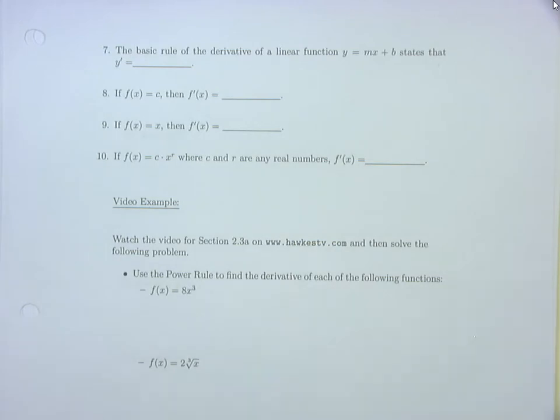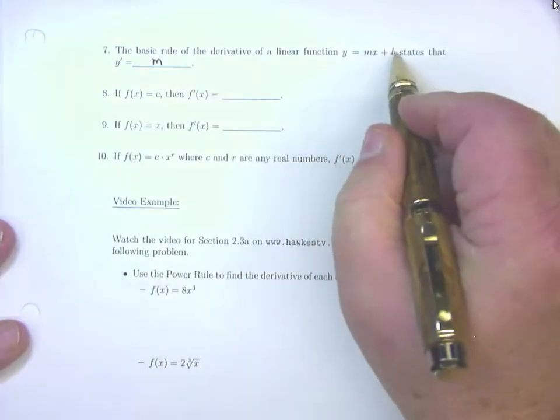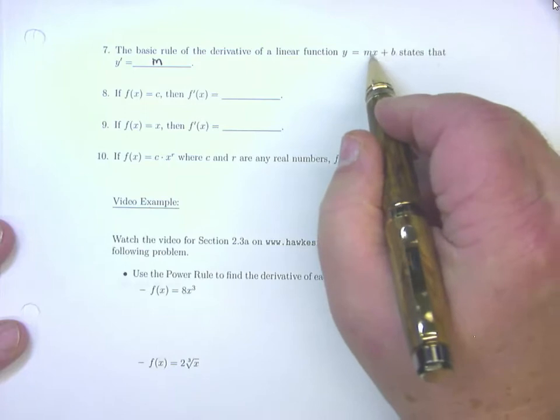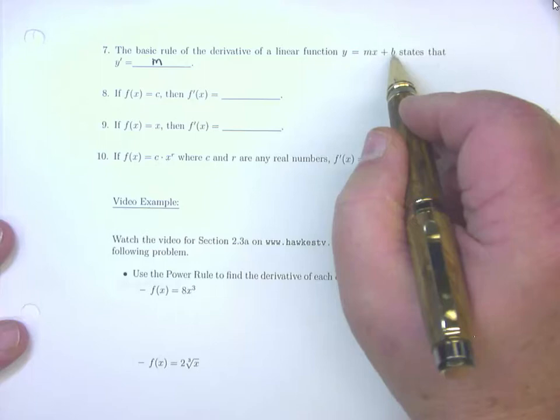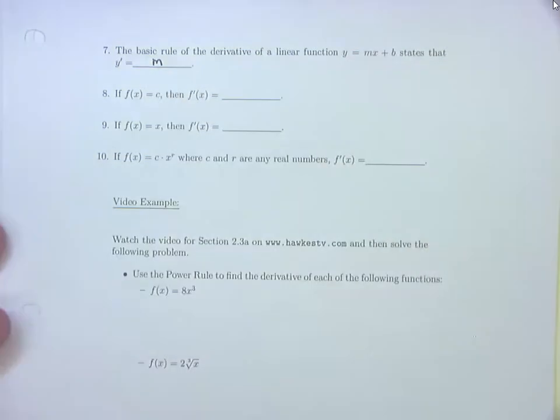We put it in slope-intercept form, y equals mx plus b. What's the slope? What letter is the slope? M. So y prime equals m. The derivative of a constant times x plus b is just going to be that constant. The reason for that? The derivative of a constant times x is a constant, plus what's the derivative of a constant by itself? 0. So that part goes away.